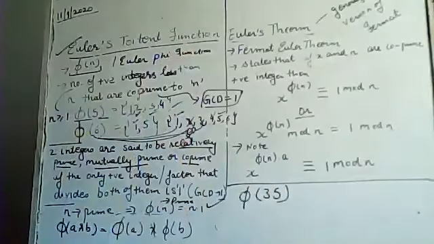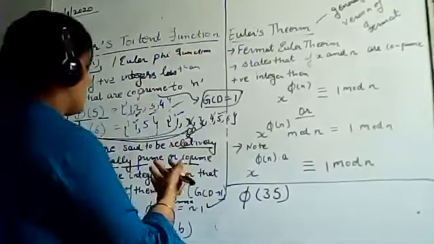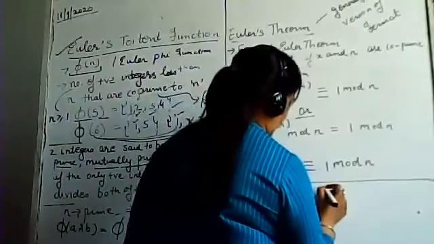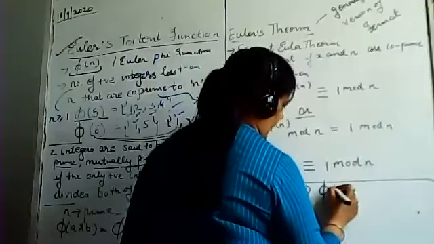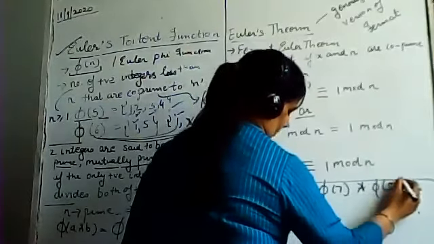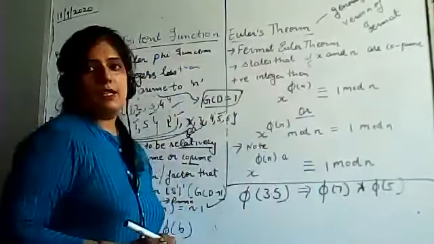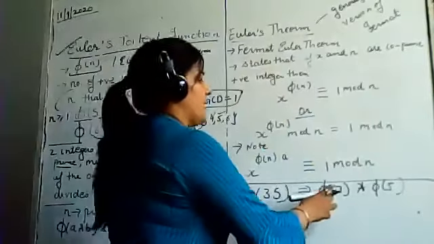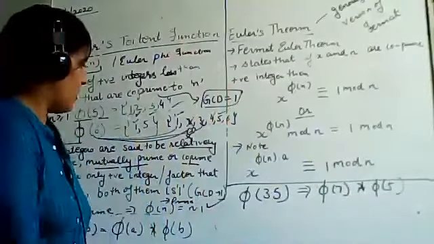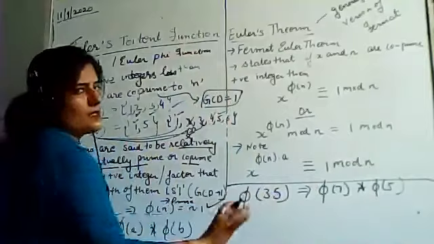If it had been a prime number, I would have directly subtracted 1 from that number. So I will look at the multiples of this number. Let's suppose 7 fives are 35. So I can write phi 7 multiply phi 5. According to this equation, I can write it like this.